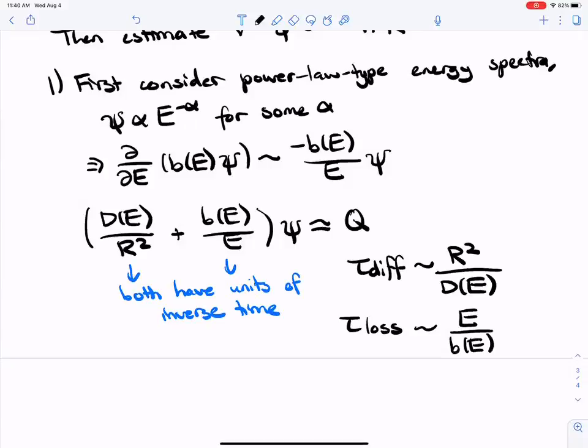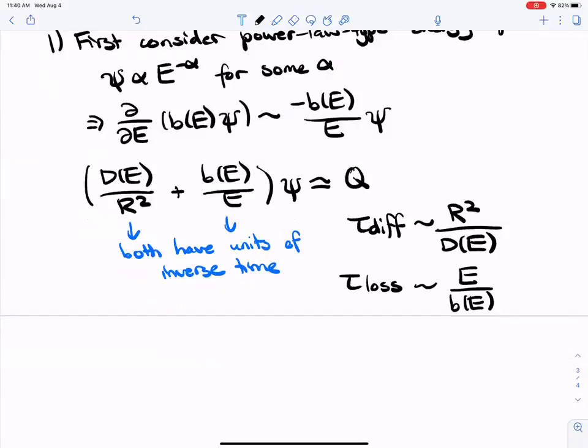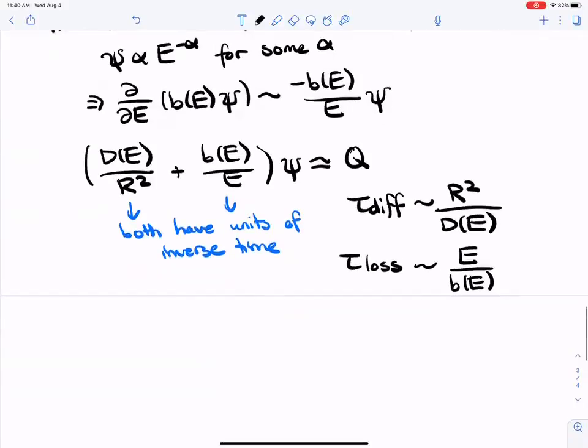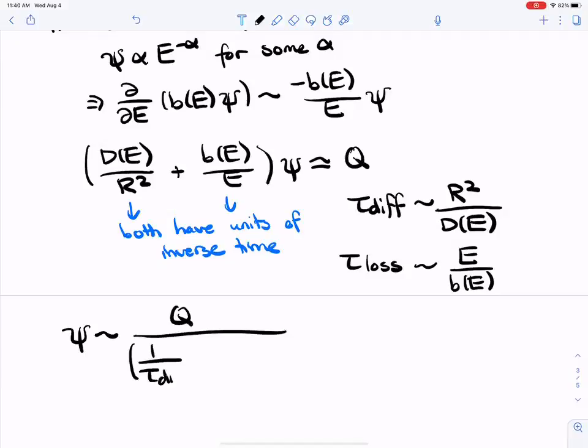Again, this is basically just dimensional analysis, I'm not doing anything more deep or intricate here. Then I can write my steady state solution as approximately Q divided by 1 over tau diff plus 1 over tau loss.